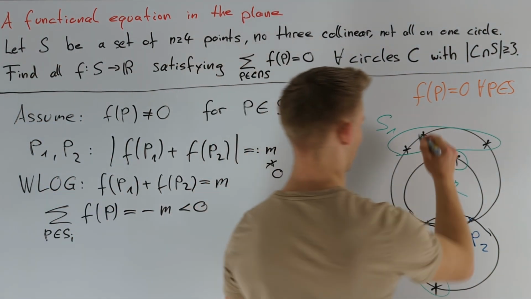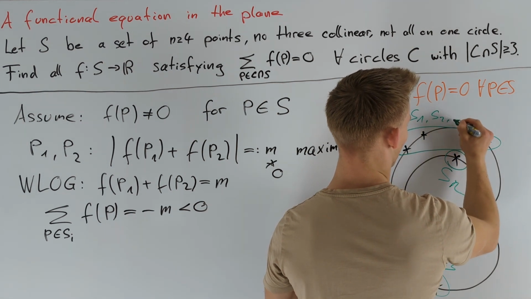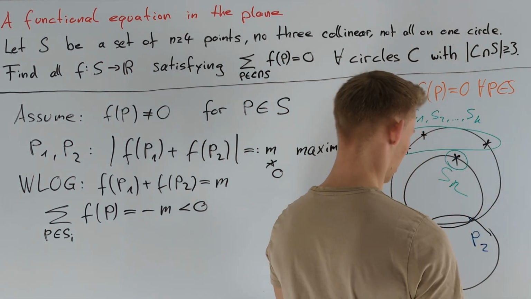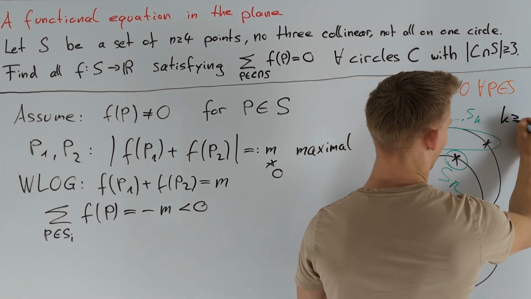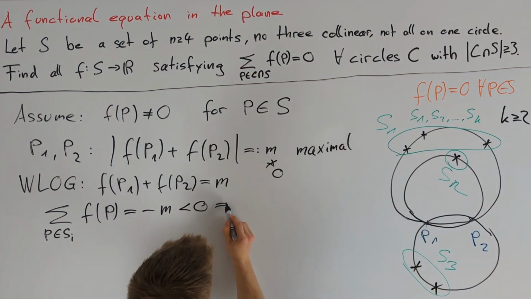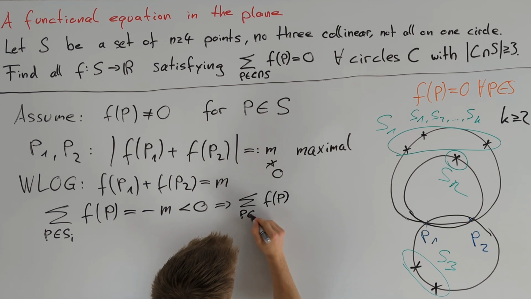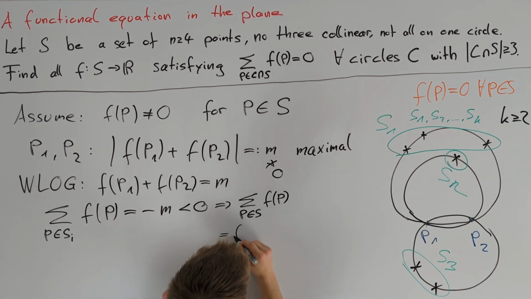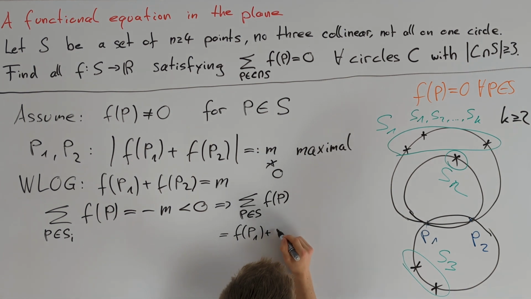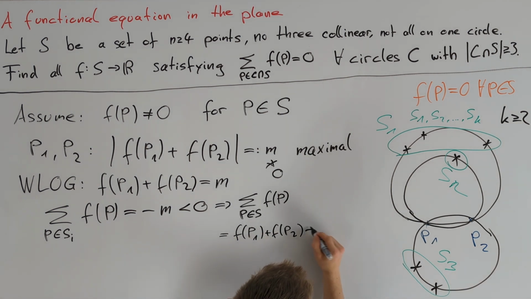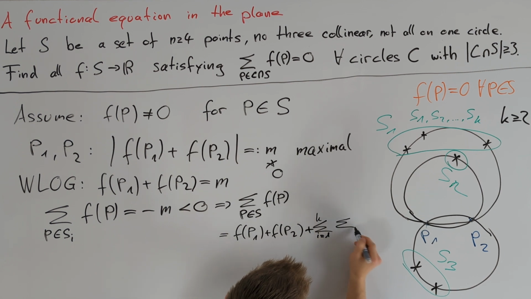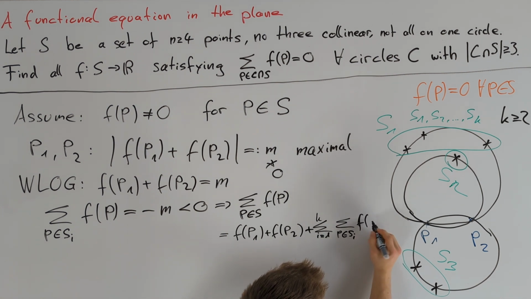and therefore if we name the sets S1, S2, and so on up to Sk, we know that k is greater than or equal to 2. This implies that the sum of f of p over all points p in S is equal to f of p1 plus f of p2 plus the sum over all indices i from 1 up to k of the sum of all points p in Si of f of p.